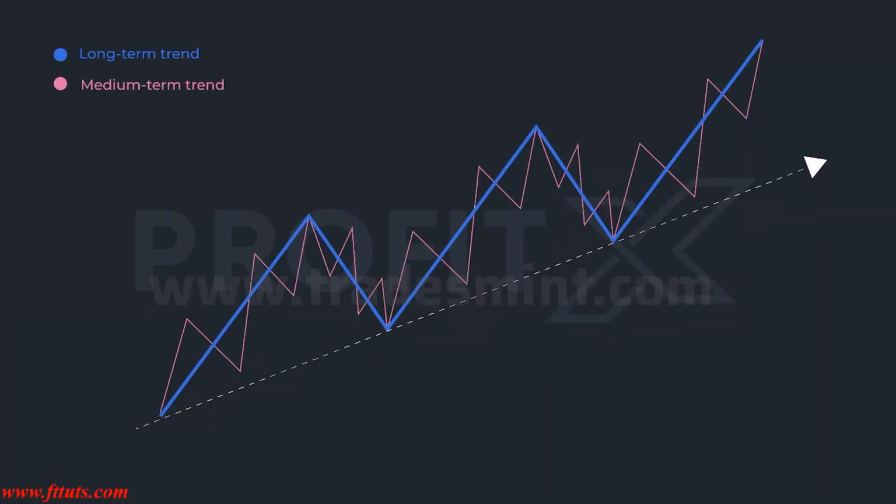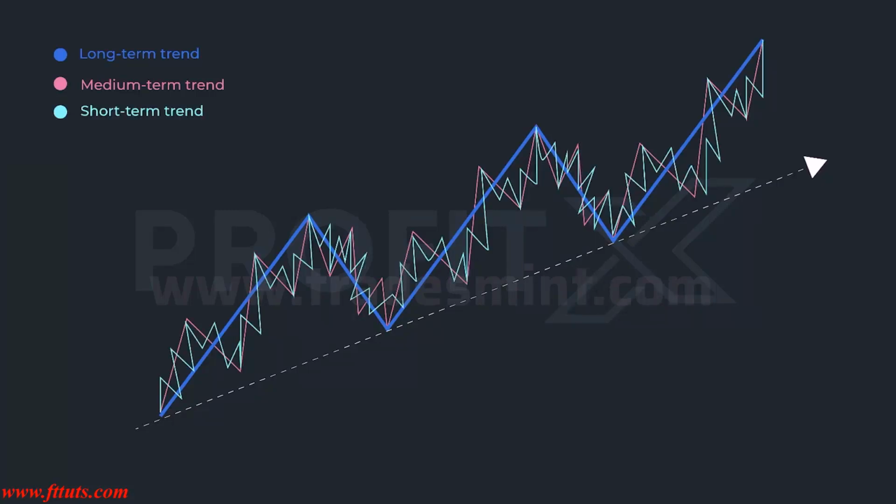Now, what can be a little bit more challenging for you and I to understand is that there is a shorter term trend, even within the medium trend, where when this trend is going up for an impulse, there is a smaller trend that's going up. And when this one is going for retracement, this trend starts to go down.